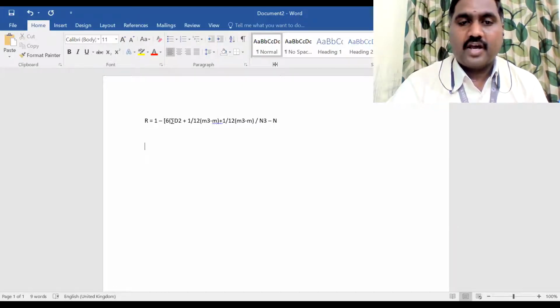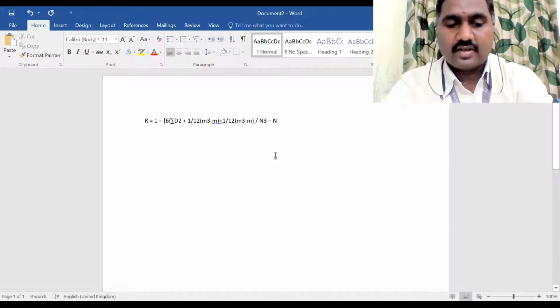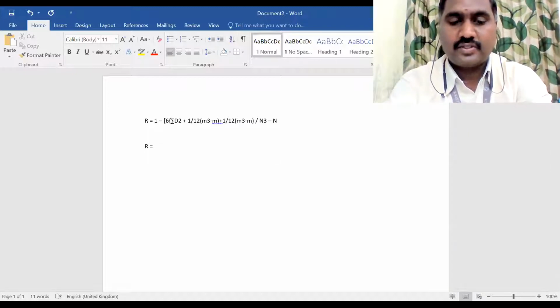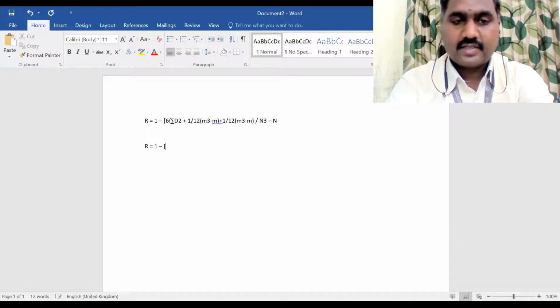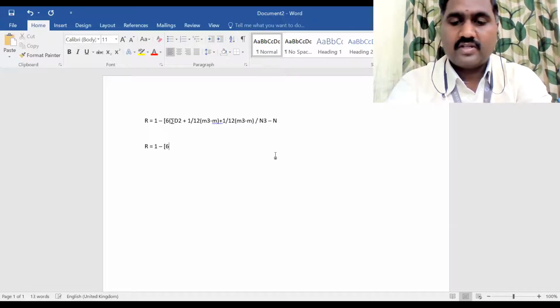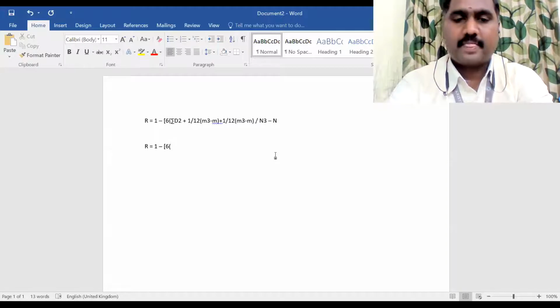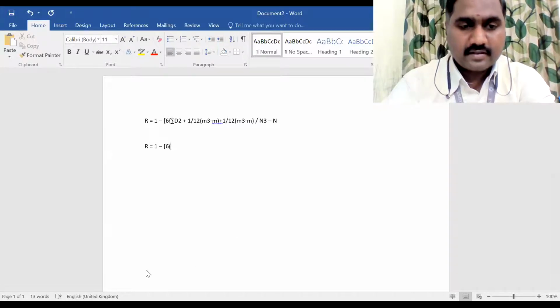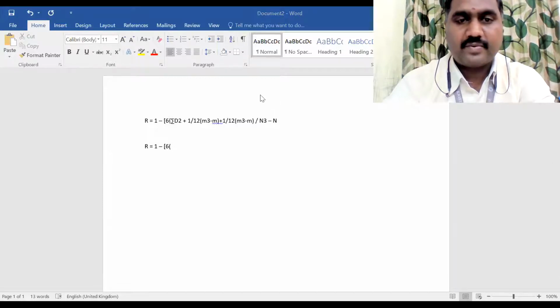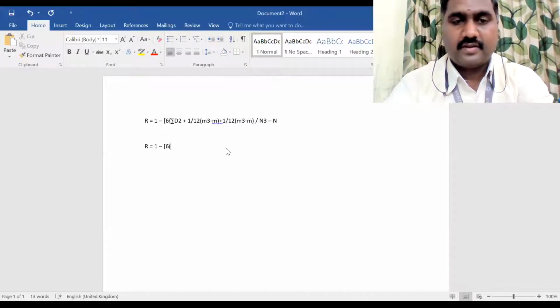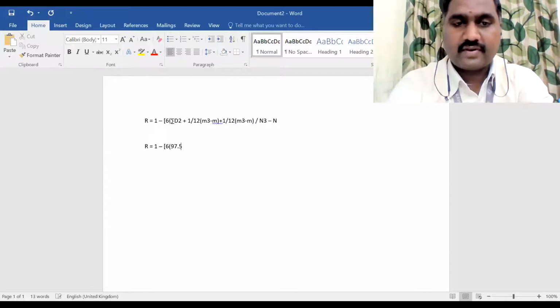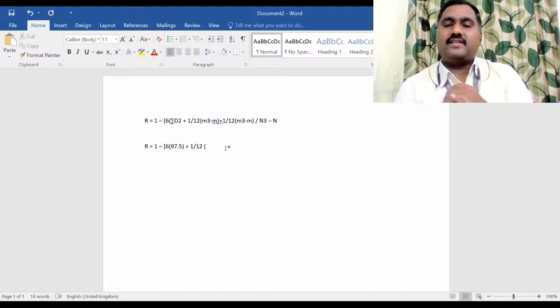Okay, good. Now I just want to substitute the value. R equal to 1 minus 6 into what is the summation d square value? 97.5. Okay, very good. So 97.5 plus 1 by 12 into what is m here? See the first number.